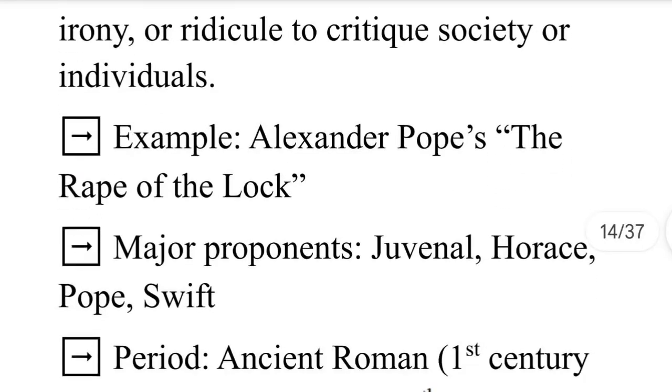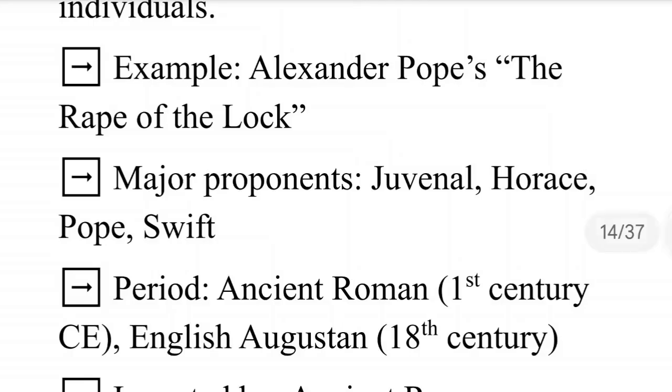When it comes to major proponents, Juvenal, Horace, Pope and Swift. In English literature, Alexander Pope and Jonathan Swift are the major writers who used satire as a form of poetry in their poems.